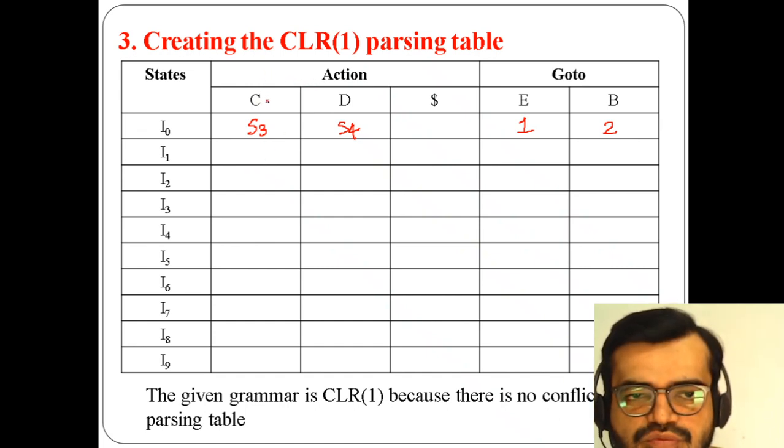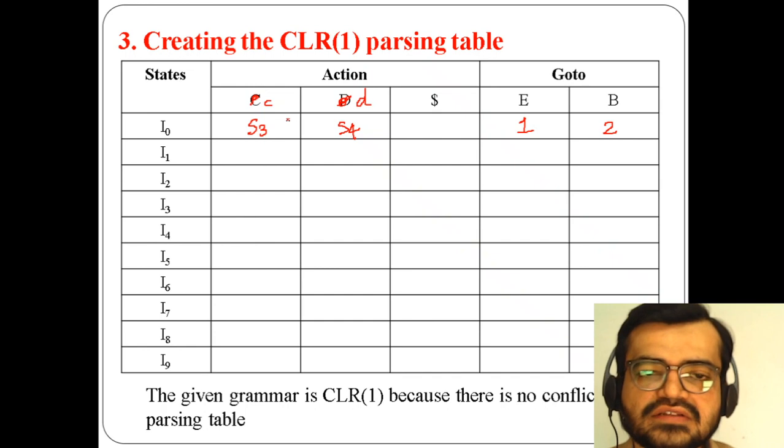Actually, it should be small c and small d, because these are terminals.